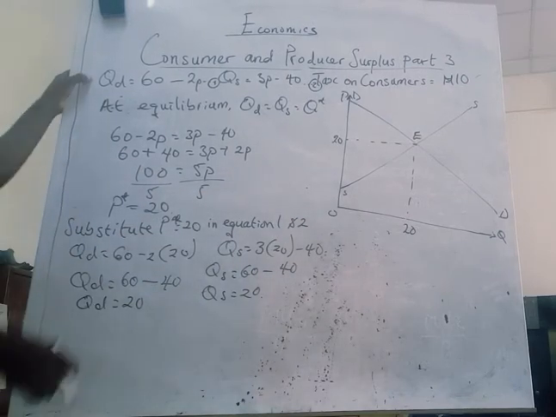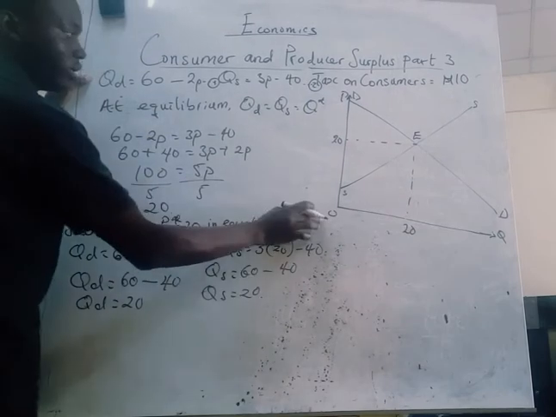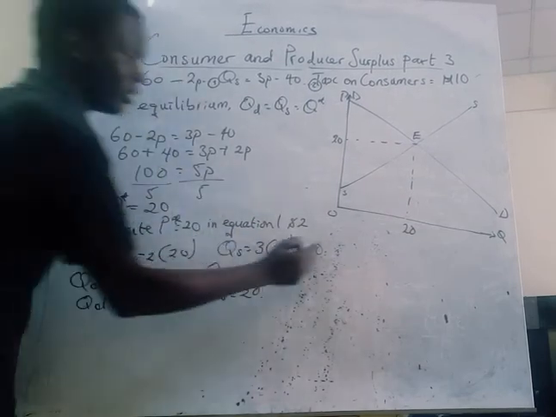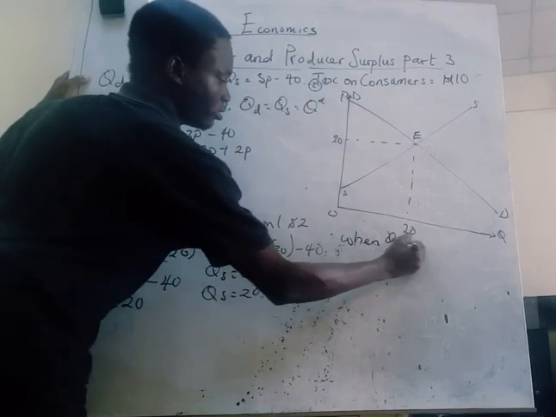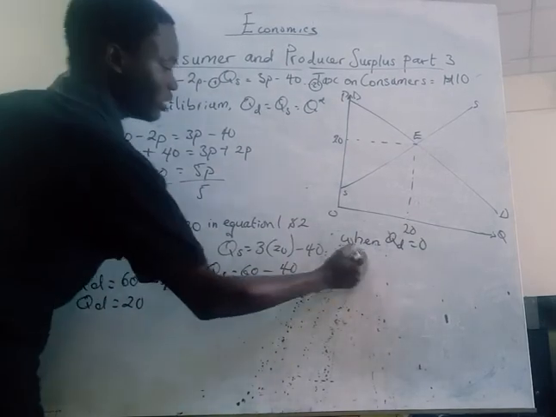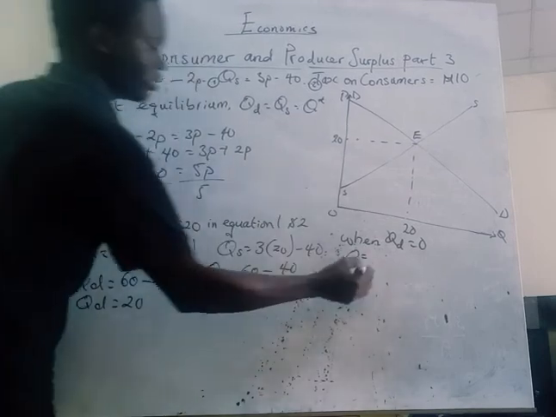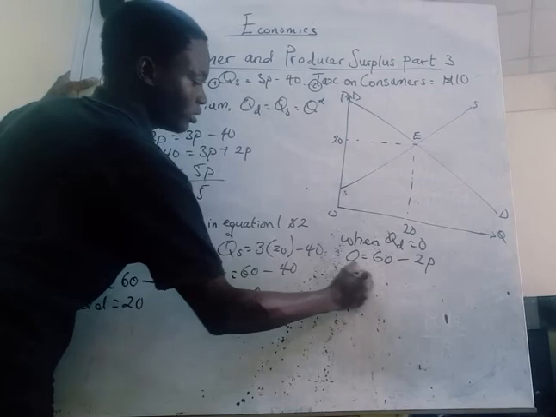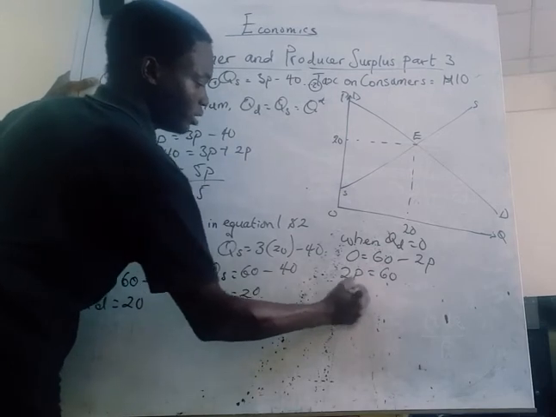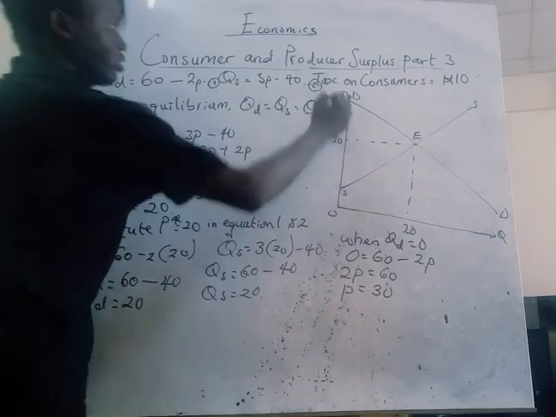First, the demand function. What we just say is Q is 0 here. So let's find our P. When QD equals 0, we have 0 equals 60 minus 2p. So we have 2p equals 60 and then p equals 30.